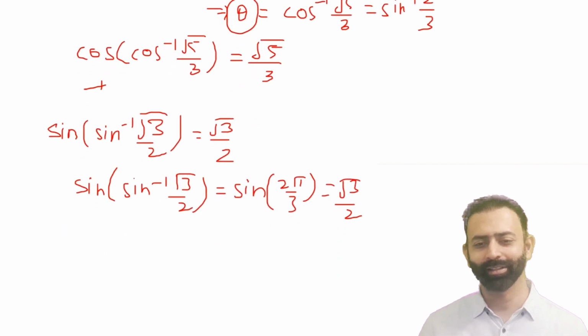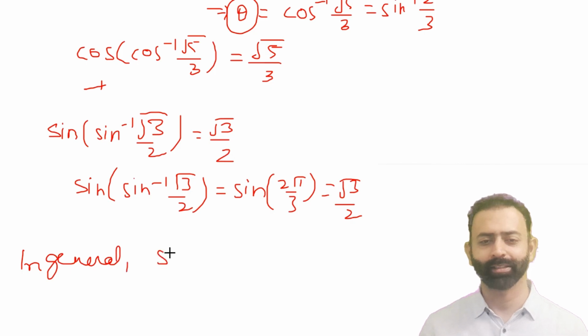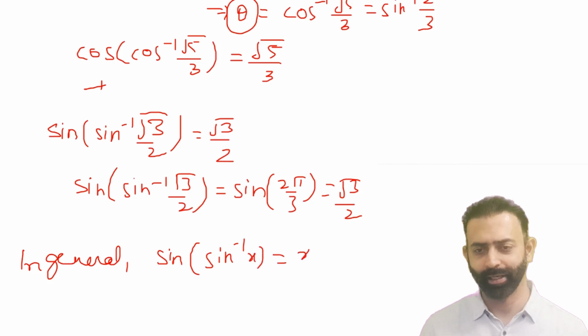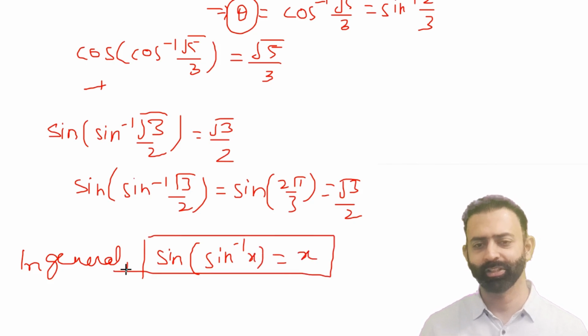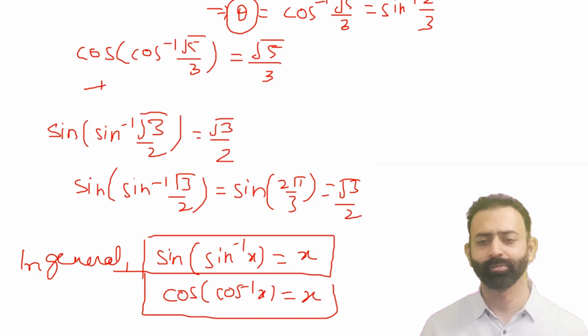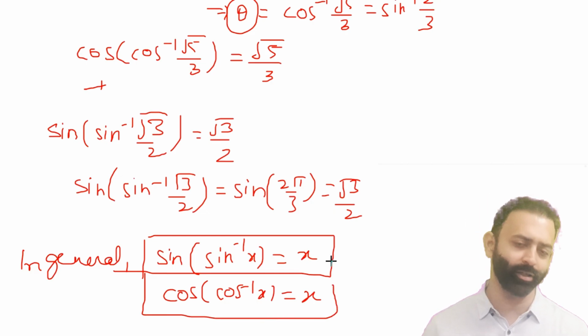Okay, so in general, sine of sine inverse x will always be x. Same goes with cos also, always x. Same goes with tan also, or any trigonometric ratio.